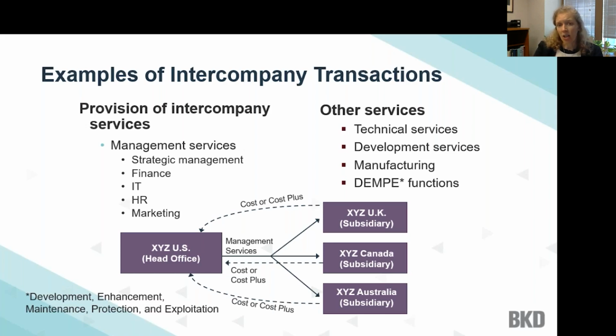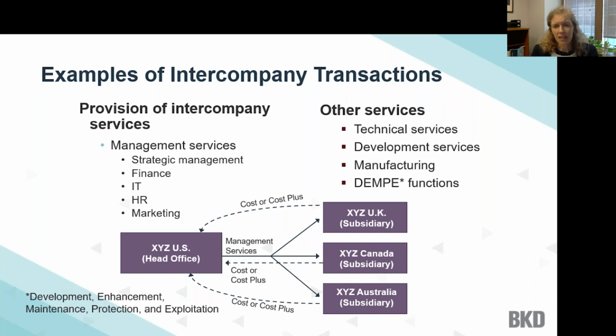These are things that are on the list of services that have to be charged at a cost plus. And so it's important to note that list, really both lists, to see how you want your transfer pricing to look. And even if something is on the safe harbor list where it could be charged out at cost, it may not be in the best interest of your company to do so. Maybe it would be better to add a profit element to the service charge in an effort to bring more money back to the US, and that could be for various reasons.